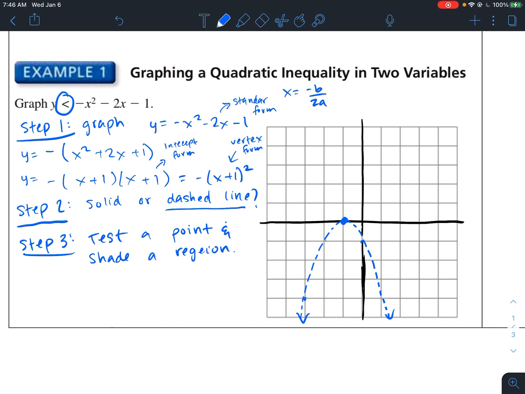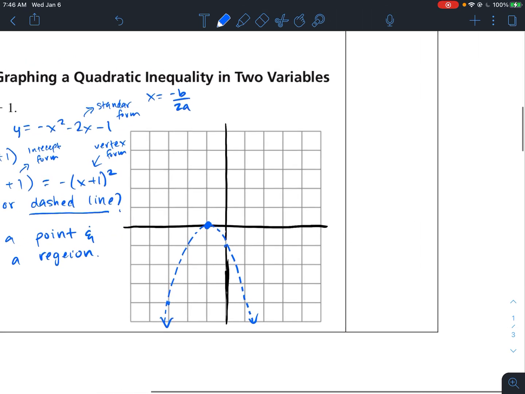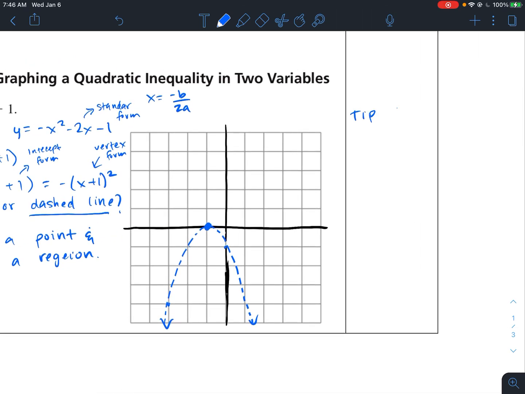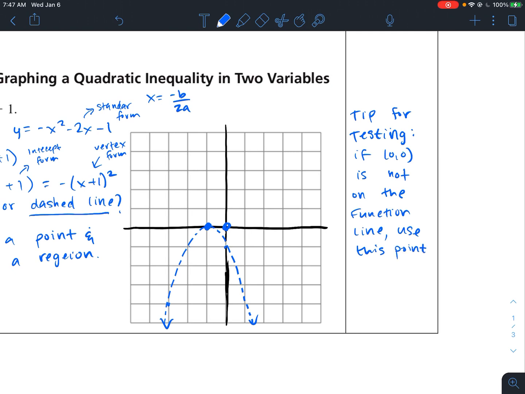So, just as a tip, for testing, if the point 0, 0, or the origin, is not on the function line, use this point. It's the easiest test point that you could possibly have.